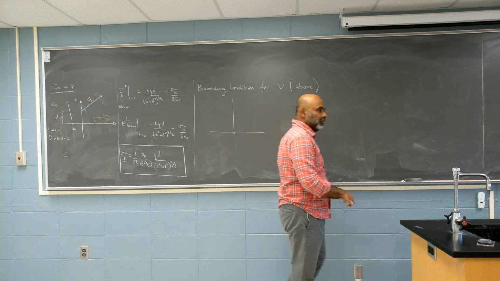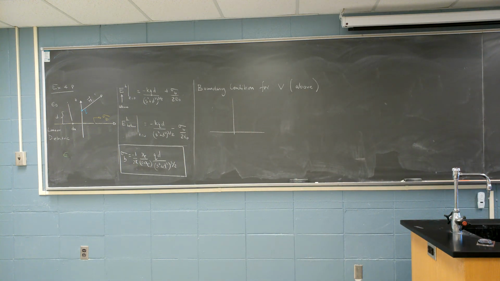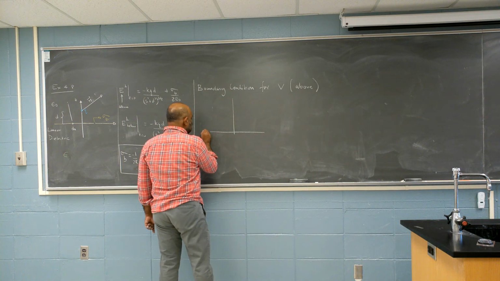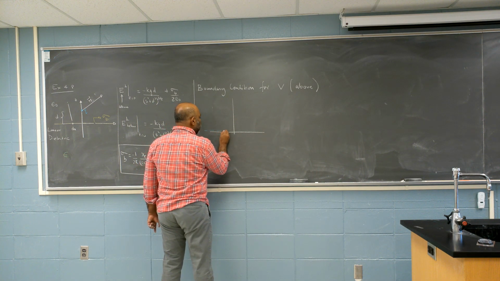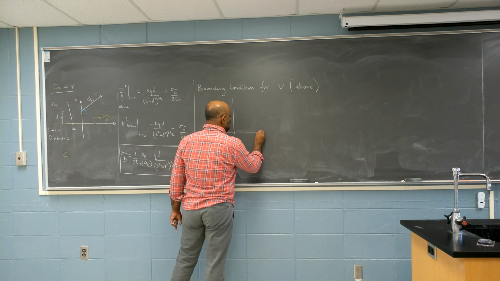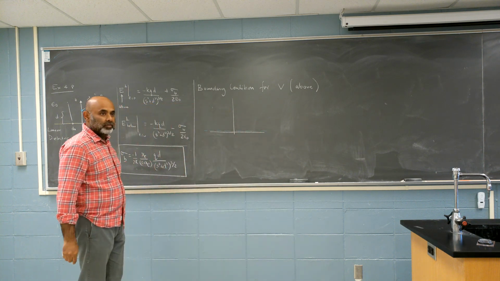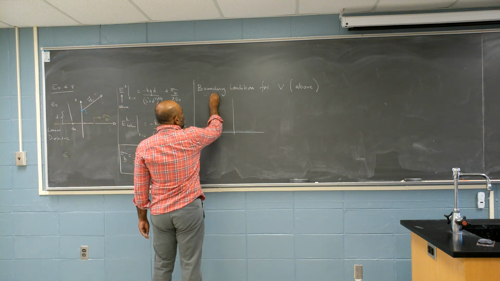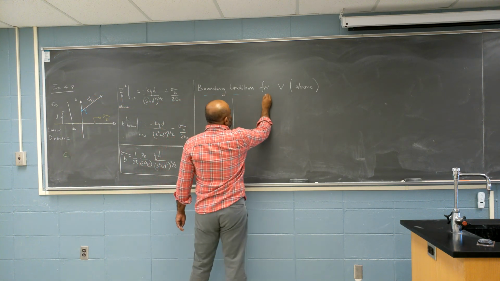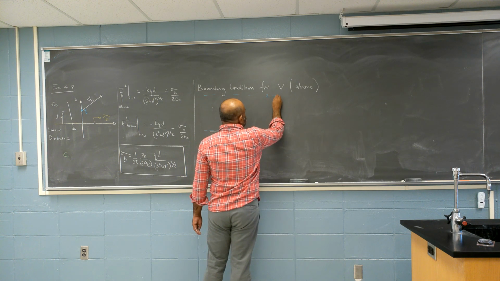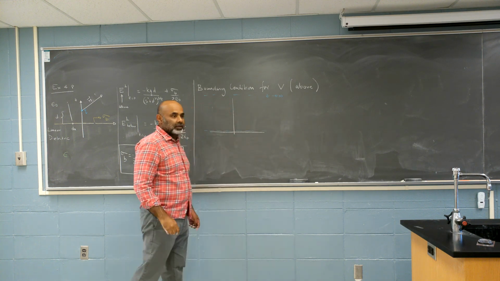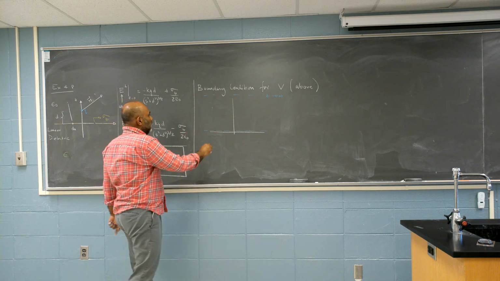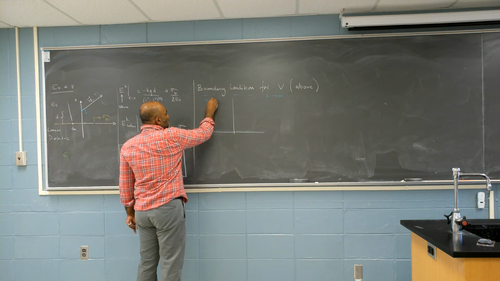What are the boundaries for above? There are two regions. One is this guy. And the other is, of course, this guy, where Z approaches infinity. Here we know the answer already. What's the potential? Zero. V equals zero.